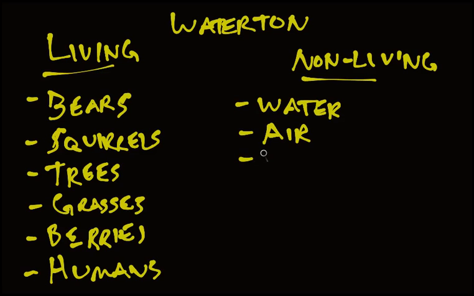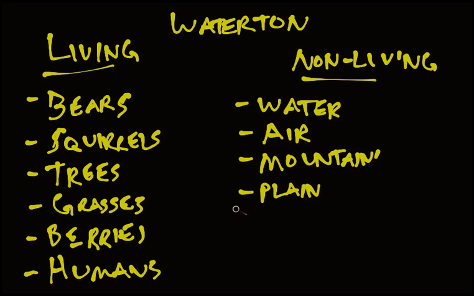You have lots of mountains, some grassy plain areas, and this can even extend outside of Waterton a ways because lots of the animals that live in Waterton are found a long ways away from Waterton as well. So their ecosystem is pretty big. It's not just Waterton.